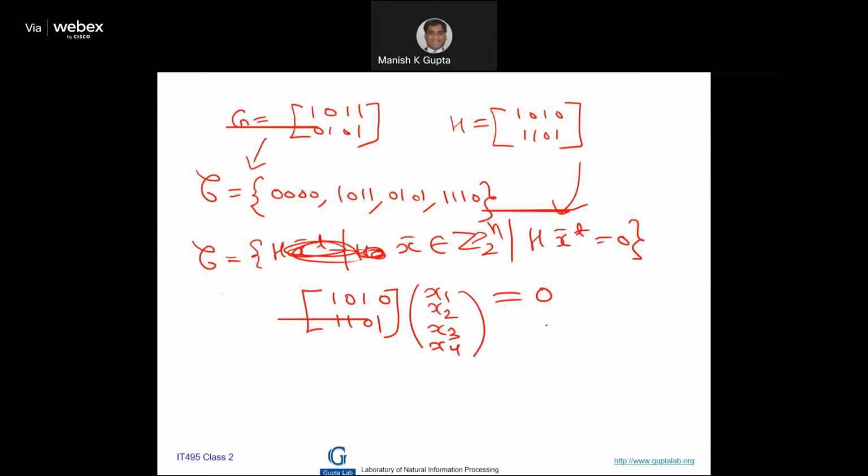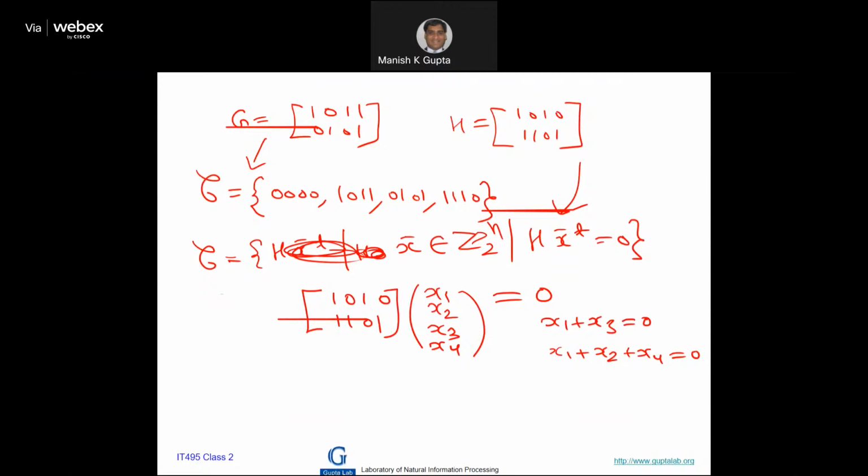We'll get x1 plus x3 equal to 0, right? And then x1 plus x2 plus x4 equal to 0, right? These 2 equations we will get. This is our H. This is our X transpose. So Hx transpose equal to 0. We got these equations.